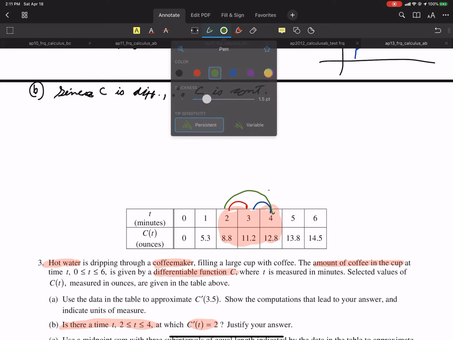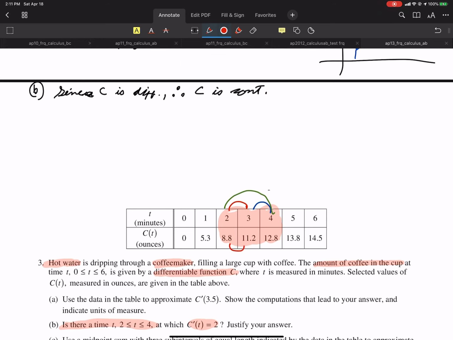Now, the first one we're looking at, between these two, 8.8 to 11.2, that's not 2. From here to here, 11.2 to 12.8, that's not 2. But when you go from here to here, that's a jump of 4. This is a jump of 2, so that will give you the slope of 2 that we're looking for. So that's what we're going to do. We're going to do 4 and 2.